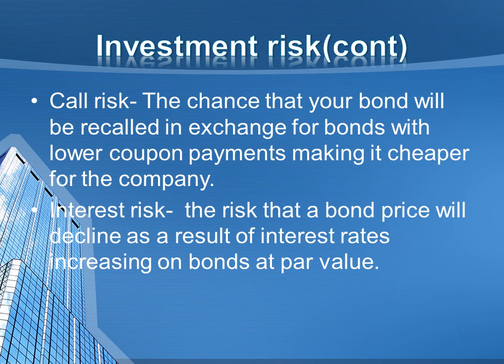Another type of investment risk is interest risk, which means that if the interest in the industry goes up, say to 10% as opposed to 7% when you were holding a bond, the value of your bond becomes less valuable, because people now know that they can get a bond with 10% coupon or interest rates as opposed to your 7%.